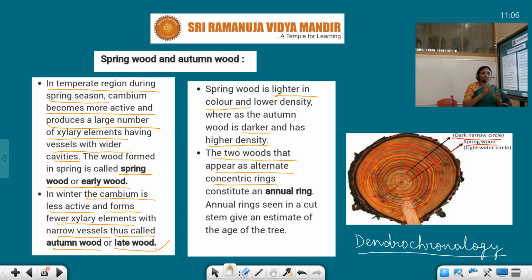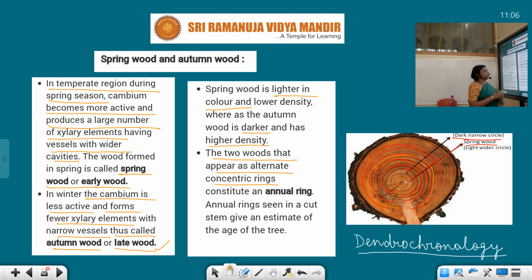Then the piece is inserted back in the same place, so it looks as if it was not taken out. This is how the age of the tree is counted.